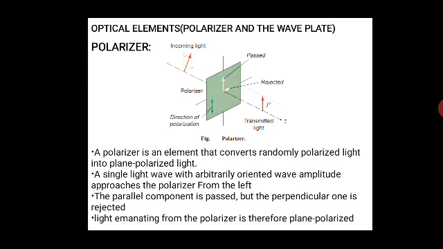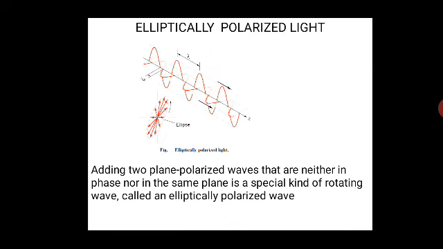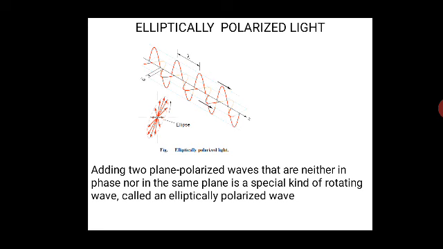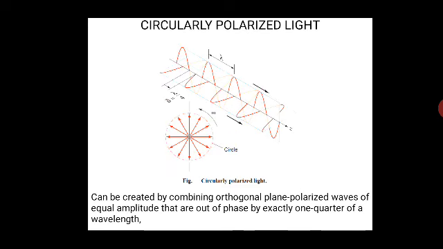So this is how light can be taken into three categories: plane polarized light, elliptically polarized light, and circularly polarized light.